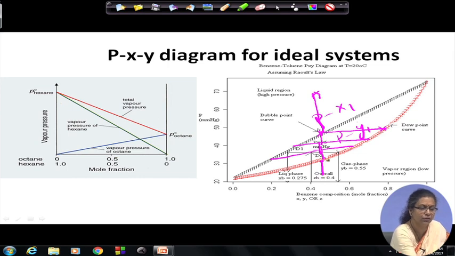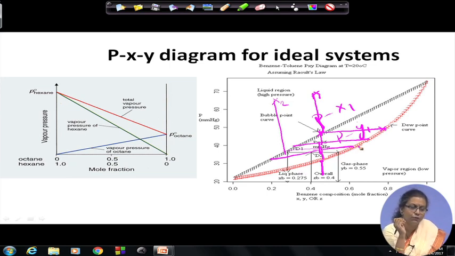Now, suppose I had started with one other point, say x2. Here also, when it strikes the saturated liquid region, the composition of the first bubble which appears would be given by this particular straight line, where it cuts the saturated vapor curve. So what do we find?